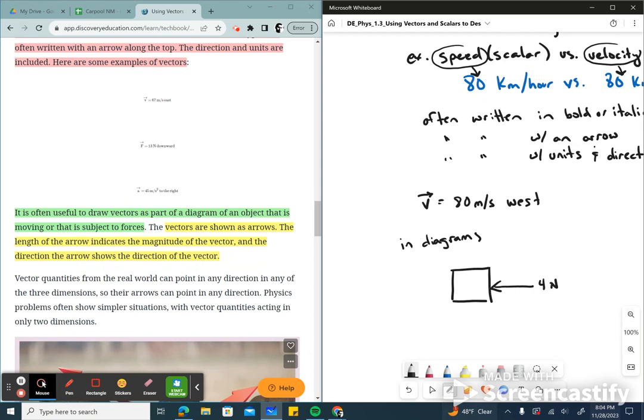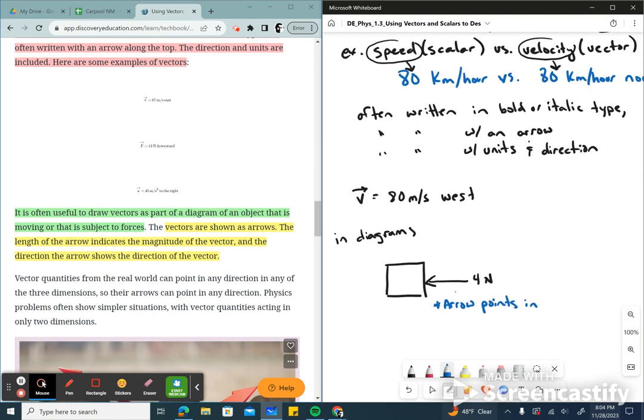This is a vector quantity, right? The arrow points in direction, right?